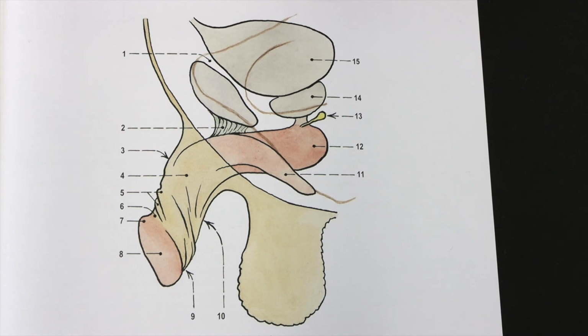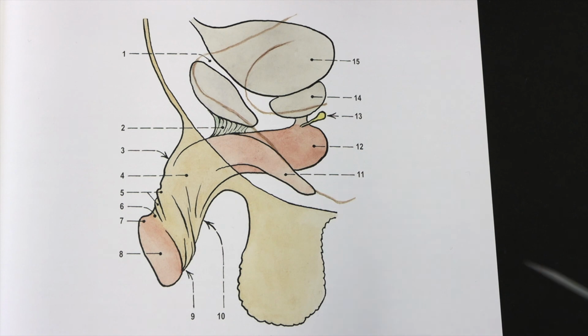It is made by the cavernous bodies, or corpus cavernosum, which are paired. You can see just one side of this, and they are separated, not completely, from each other by the septum of the penis, or pectiniform septum.